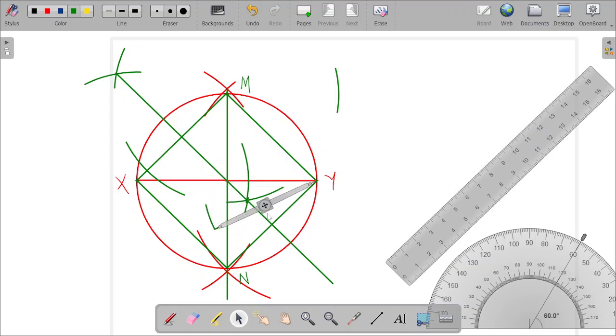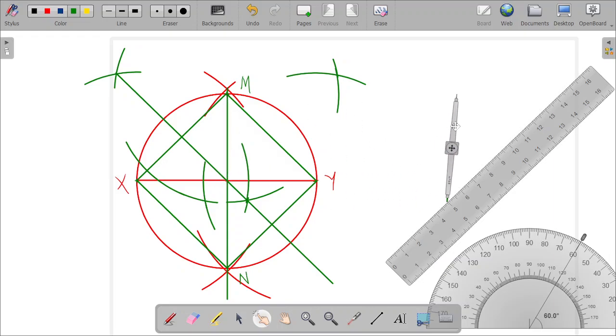Right now they are not cutting, but that's not a problem, because they should cut. I can put my compass point on point M again and make this arc longer, and this arc longer as well, so that those arcs intersect like this.